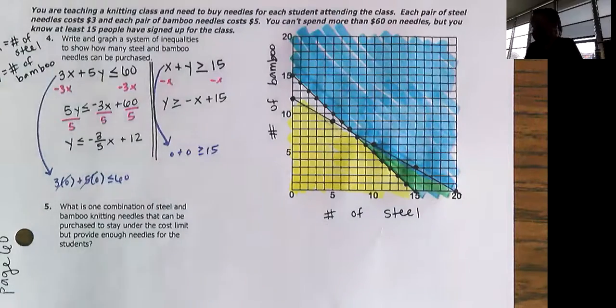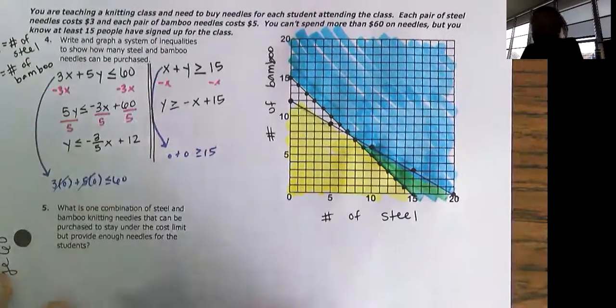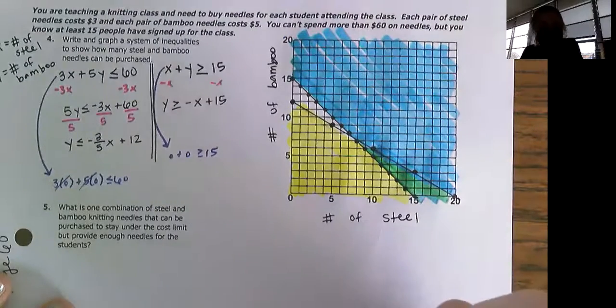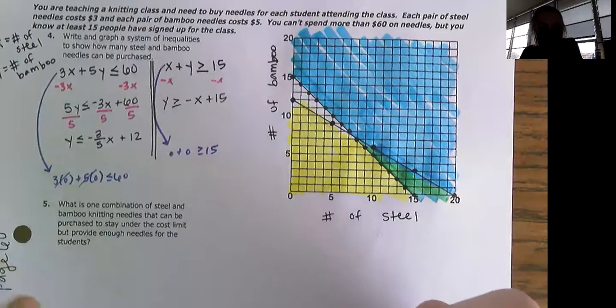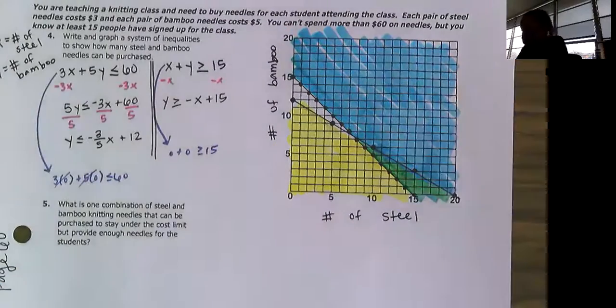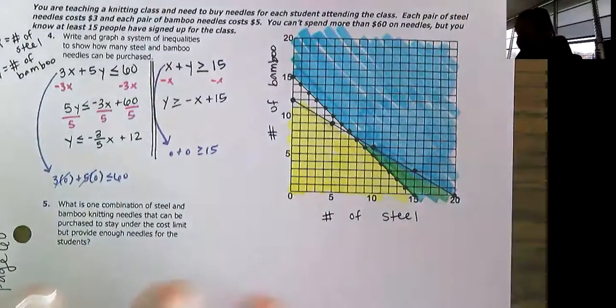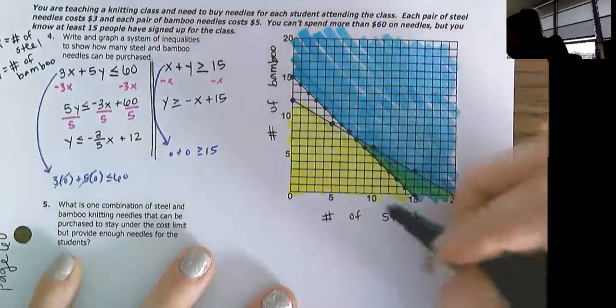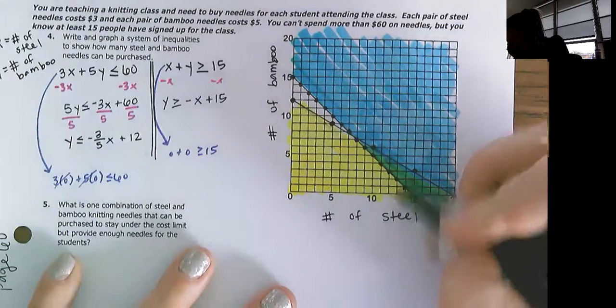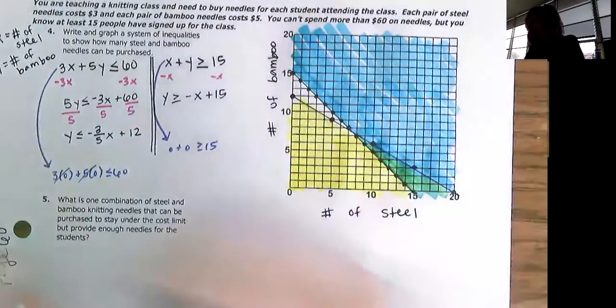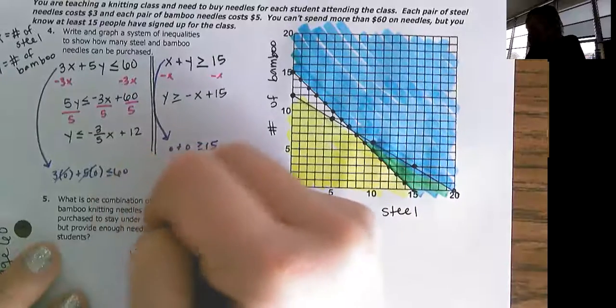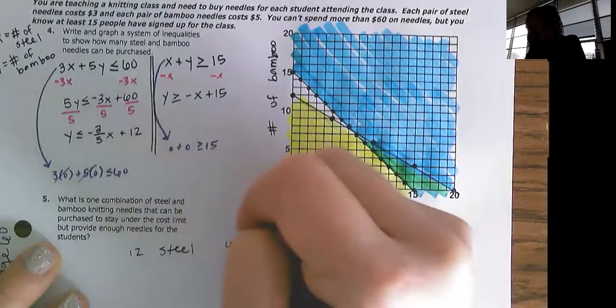So now when I test my coordinate that they gave me here, it said, what is one combination of steel and bamboo needles that can be purchased to stay under the cost limit, but provide enough needles for the students? So we're looking at anything in this double shaded region. I could choose this coordinate right here, which is to the right, 12 steel needles, 3 bamboo.